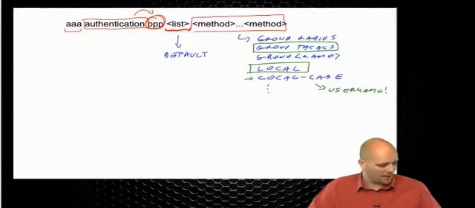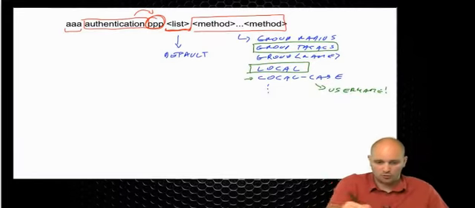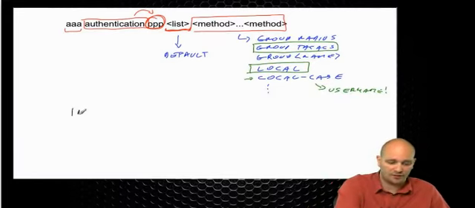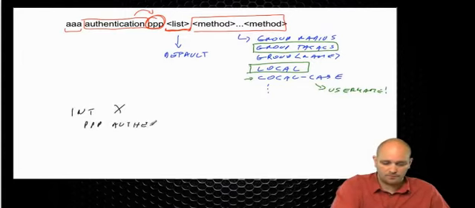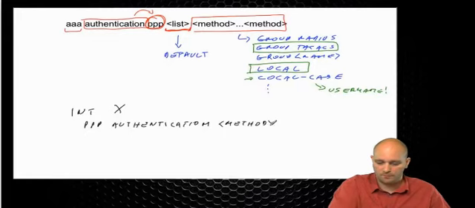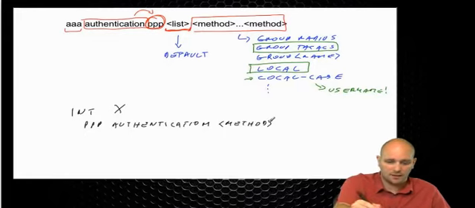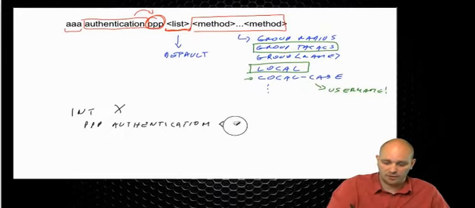So let me maybe add this here. So what we're going to have next, we're going to have the interface and then ppp authentication, method, or actually let me use a different keyword there.